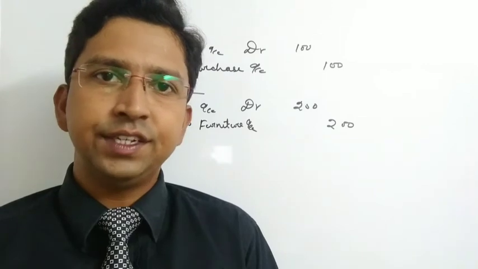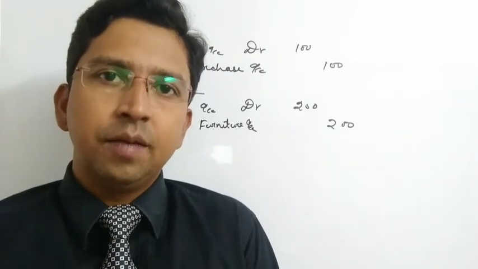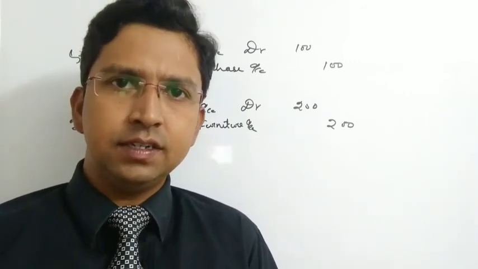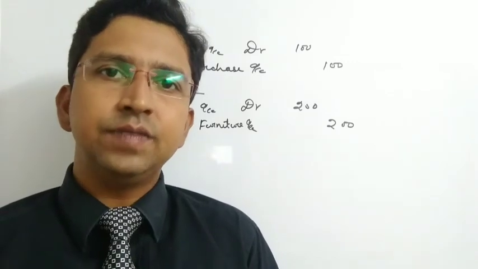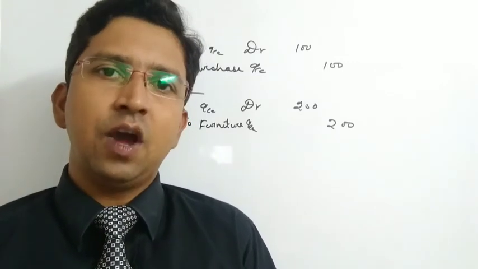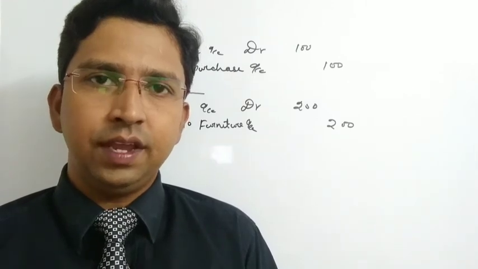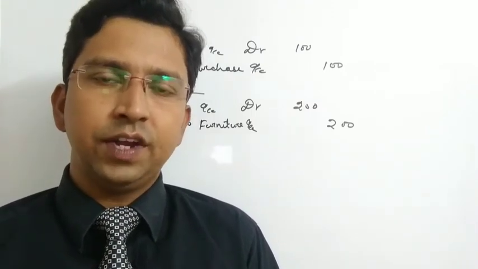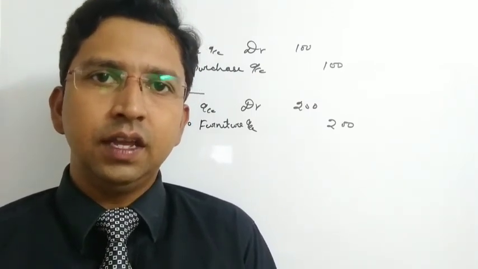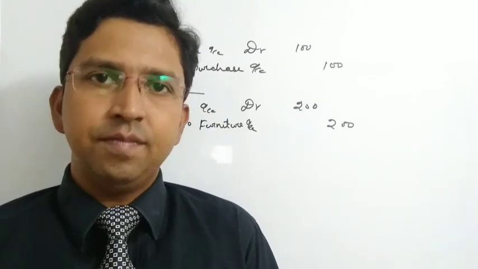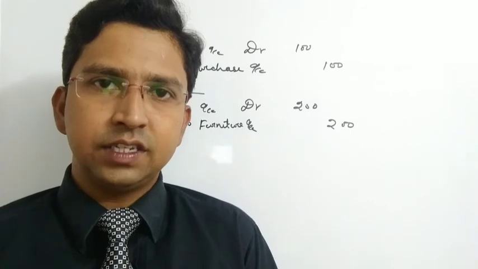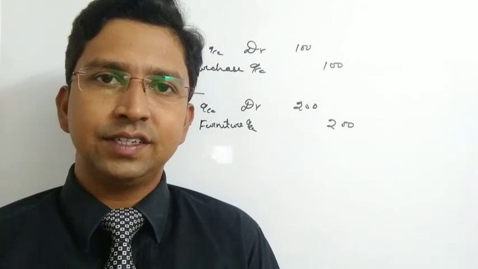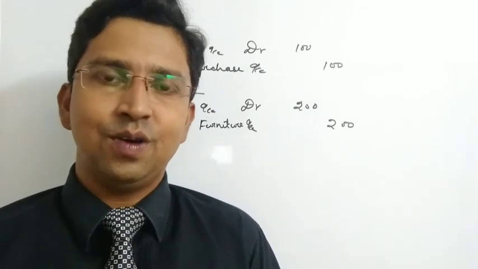Suppose the error is located with a personal or real account; in that case we do the changes with that account itself. If we are preparing the profit and loss adjustment account because the error is located with the nominal account, it will finally be balanced, and the difference amount is transferred to the capital account. That is how we have to treat the errors after preparing the final accounts.